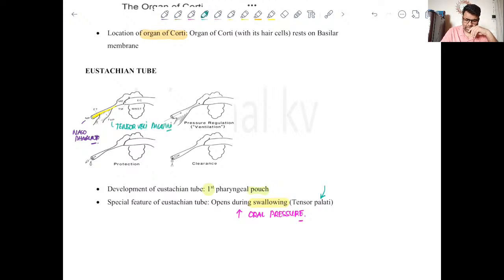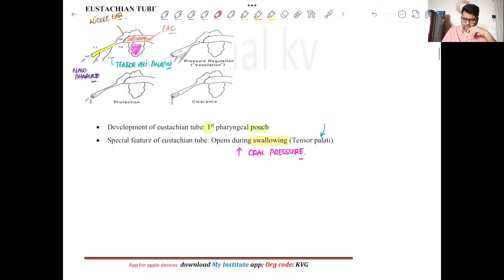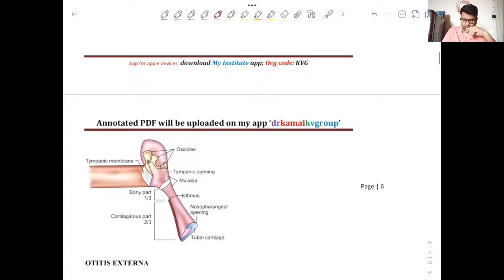Then it is connecting the nasopharynx with the middle ear. Clear? And then we can see the mastoid air cells. These are all mastoid air cells, and this one is the external auditory canal. Clear? So this is external auditory canal. Fine. So this is the arrangement of this Eustachian tube.